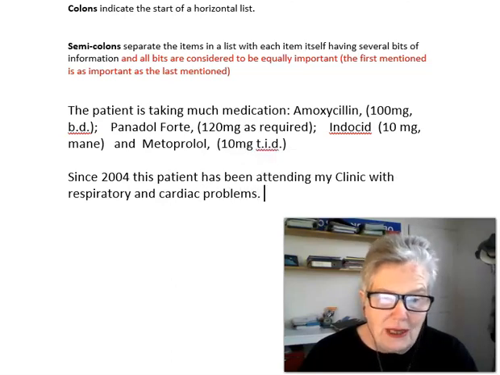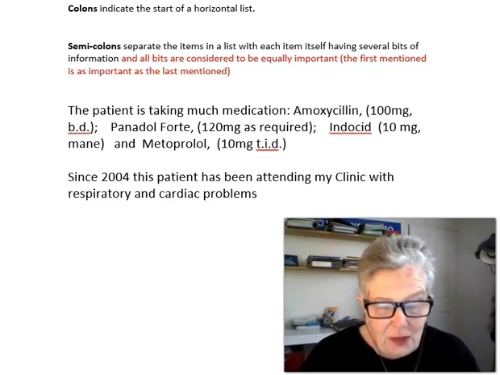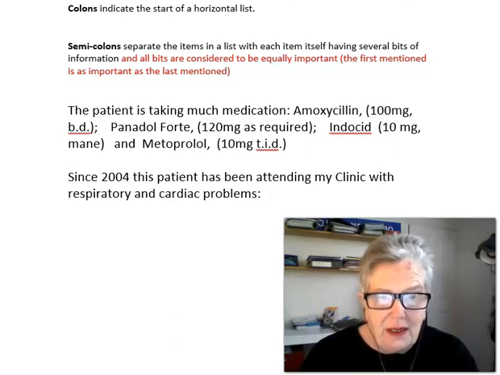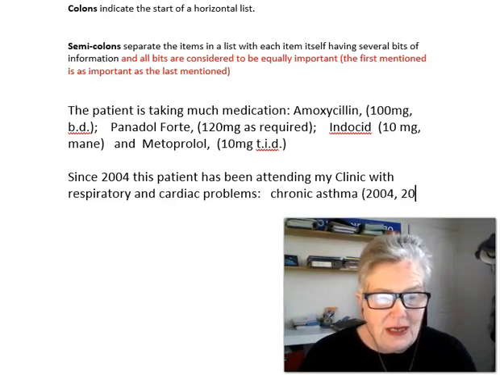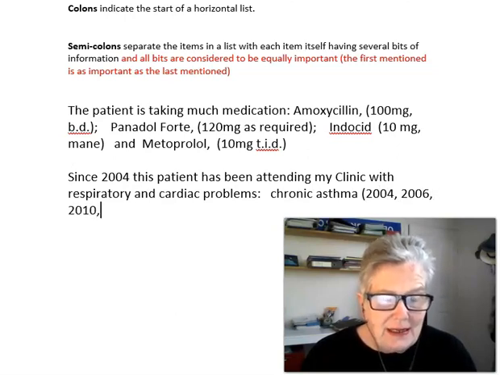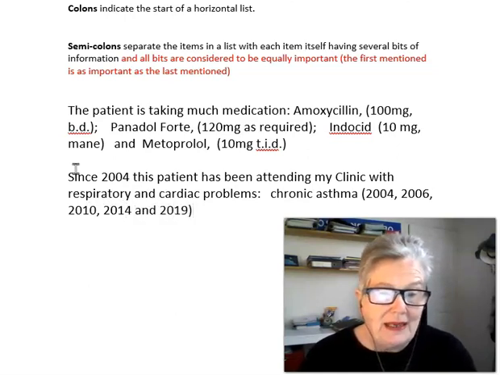That's an all-encompassing explanation. Now, at the end of that, you put a little colon because you're about to make your list. So you say something like chronic asthma, and that was in 2004, 2006, 2010, 2014, and 2019, and a semicolon.